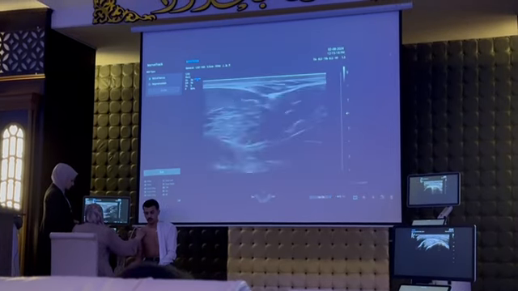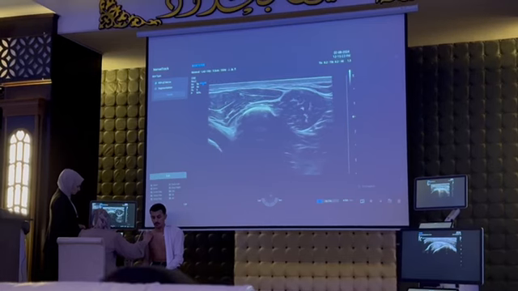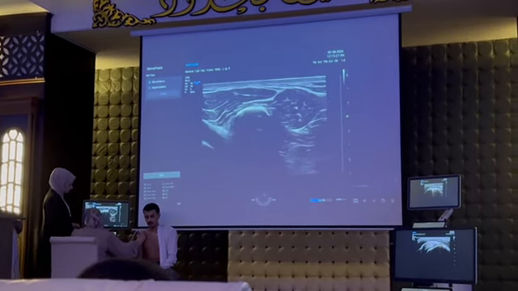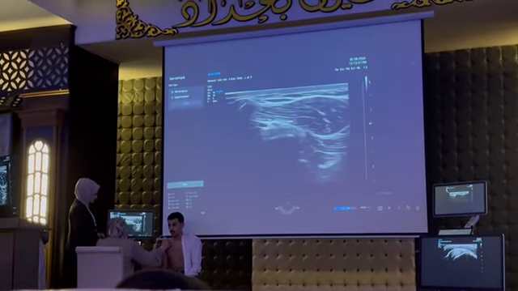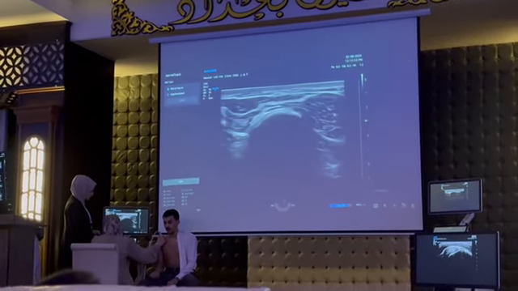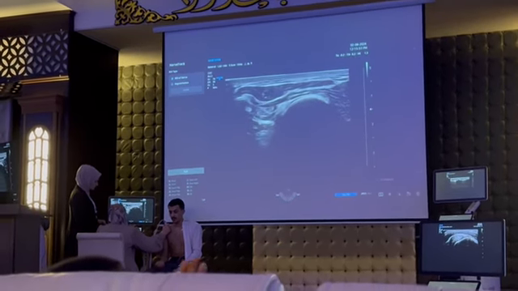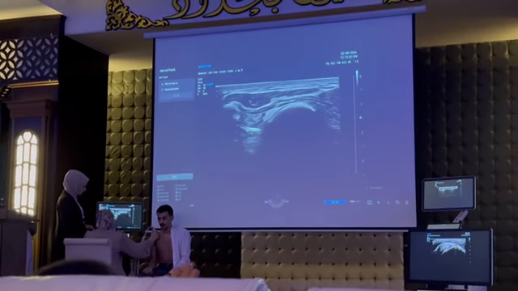So, how to examine the coracoclavicular ligament? First, I put my probe on the coracoid process. Then the right side of the probe is fanning cranially toward the clavicle, until the clavicle appears. This is the lateral part, the trapezoid part of the coracoclavicular ligament.